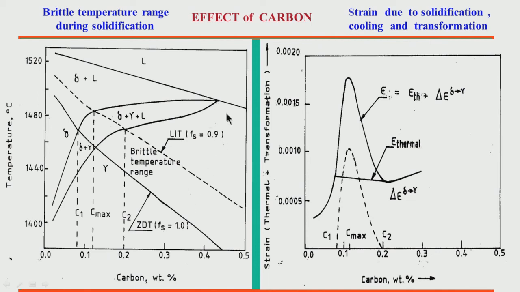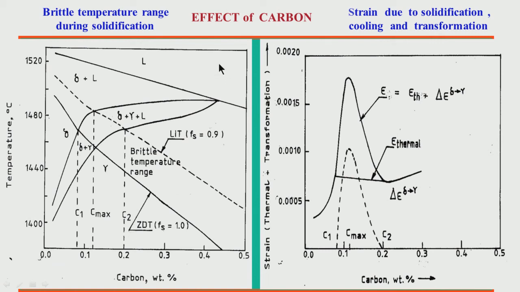Now, this diagram is for a particular amount of manganese and silicon. So, this is basically the carbon equivalent one should be interested in. If you change the manganese, silicon or other alloying elements, the actual diagram will change, but it qualitatively shows that for each chemistry of the steel you can draw a similar diagram and find out what C1, Cmax and C2 are.